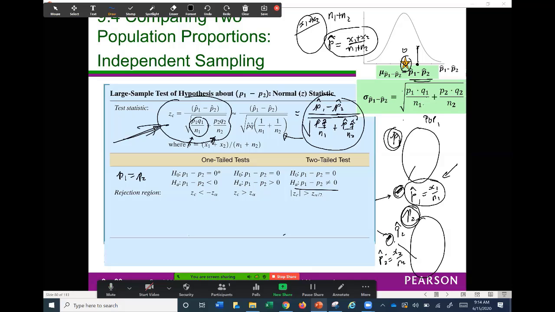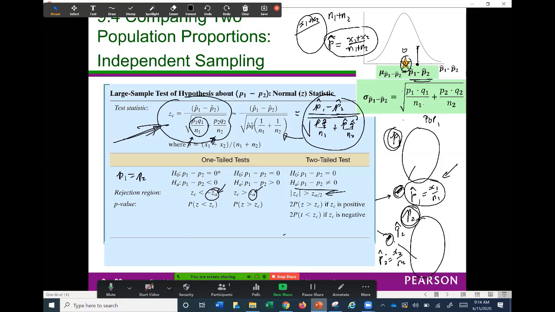For that, we use the same procedure that we have used until now to obtain those critical values. This critical value should be obtained using alpha. Then this point and this point will be our reference points, either to the left or to the right, or on both sides when we are doing a two-tailed test. Or, instead of finding critical values or reference points, we can obtain the p-value of my evidence.